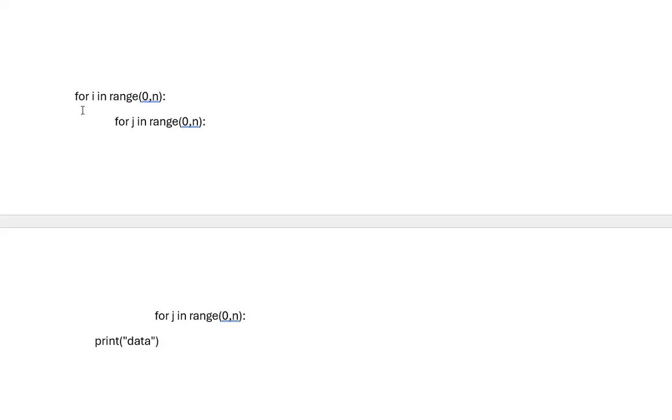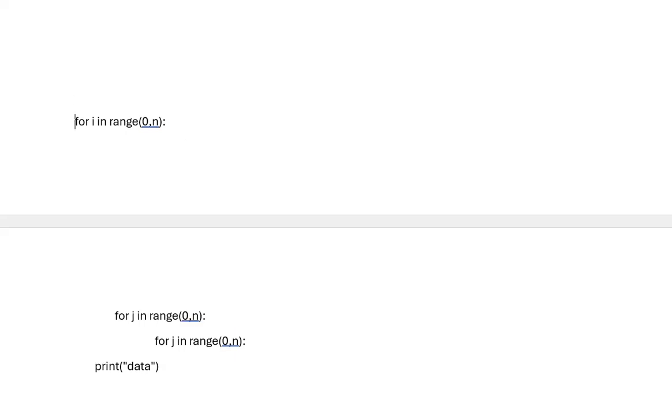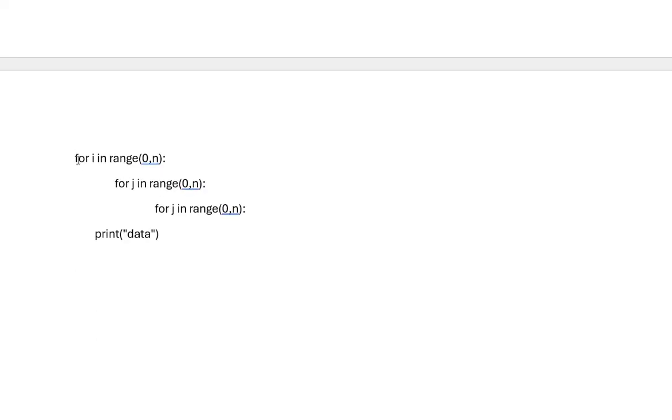And now we've got another example here. Let me bring it down to where it's all in the same place. n times n times n. So this is cubic, n to the third. How bad is this number?